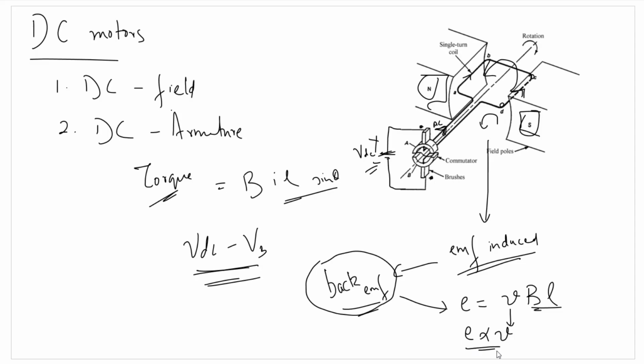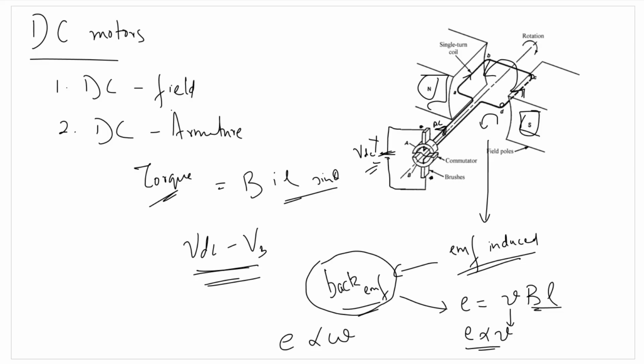So, the magnitude of back EMF is dependent upon the velocity of rotation of the armature. E is directly proportional to omega.